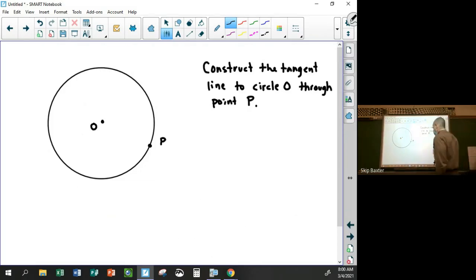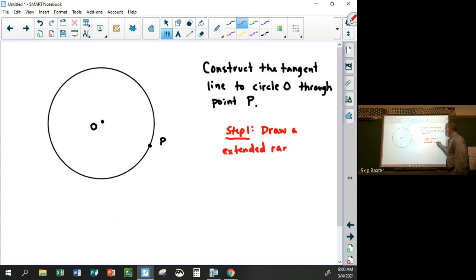All right, so here's how it works. Step one is to draw an extended radius through point P. So draw the radius and then just have it go longer than it needs to go.